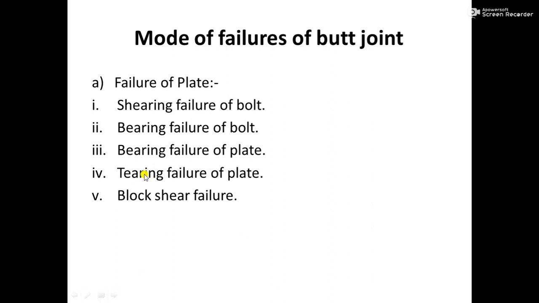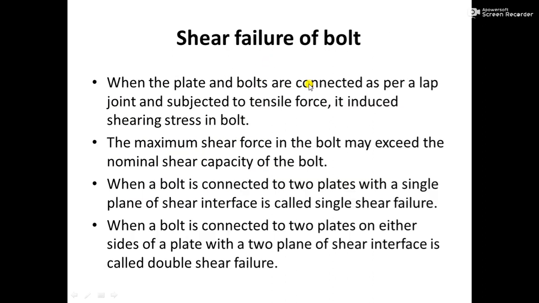We are going to see block shear failure separately in the next unit, but we deal with these failures: shearing failure of bolt, bearing failure of bolt, bearing failure of plate, and tearing failure of plate. These are the modes of failure of a butt joint. Then we'll start with shear failure of bolt.